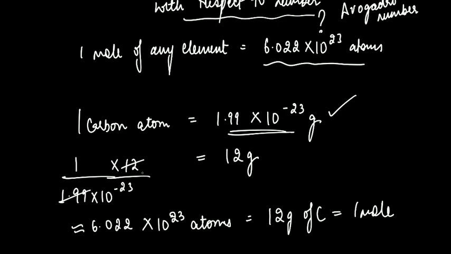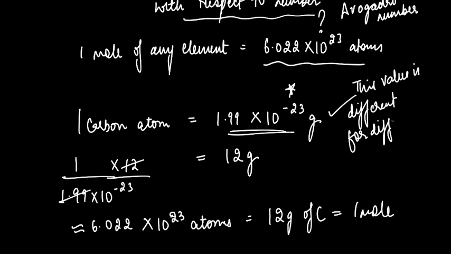That is, for magnesium it's 24. So the point over here is that this value is always going to be different for different elements, and even the gram atomic mass will be different.